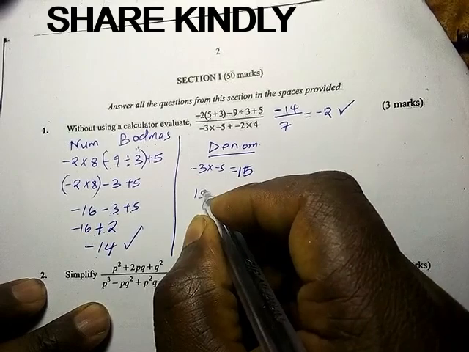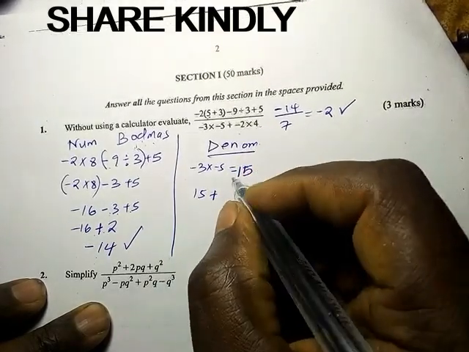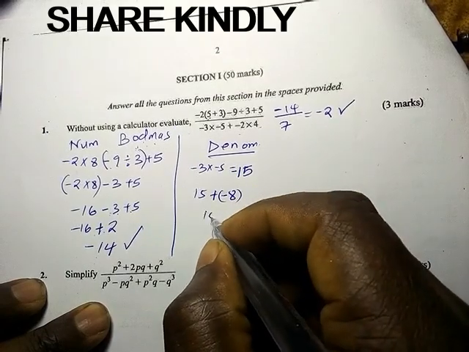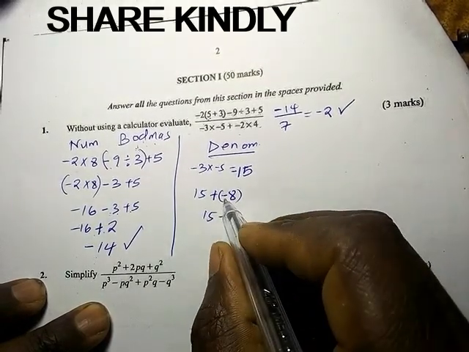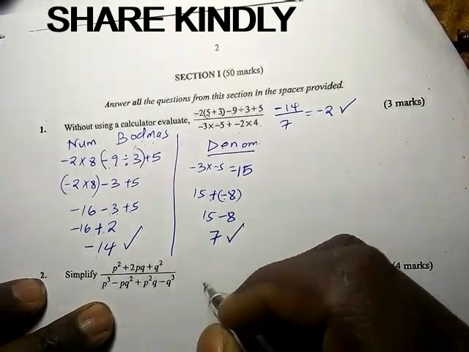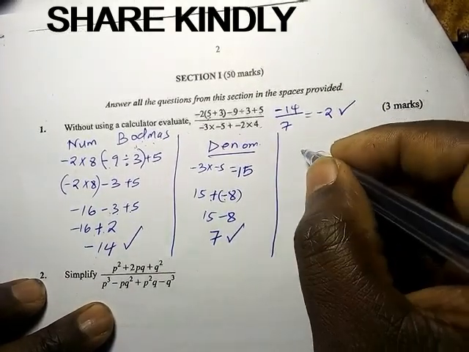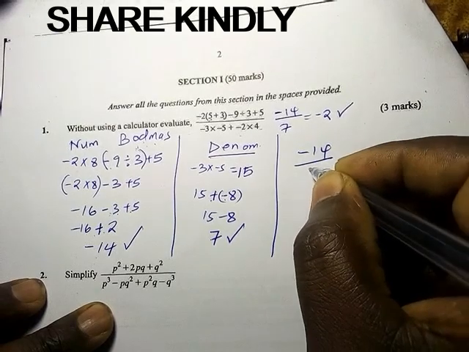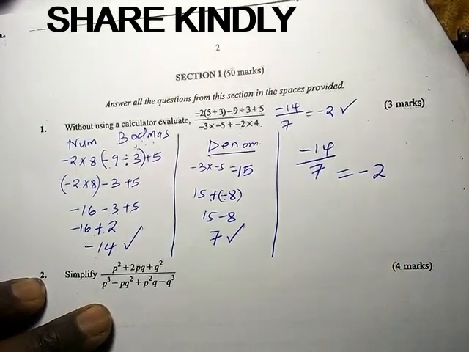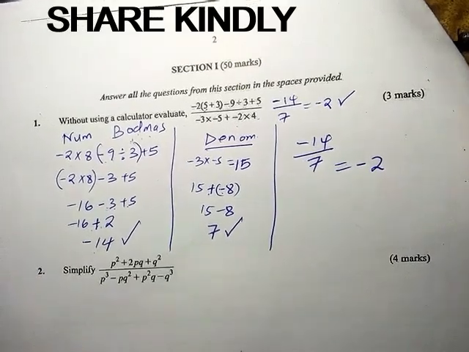Then 15 plus this times this, which is going to be negative 8, so 15 minus 8, because a negative times a positive is negative. This gives us 7. You get your mark. Now you combine negative 14 divided by 7, and the answer is negative 2. That is how you score your 3 marks. Otherwise, you get nothing.